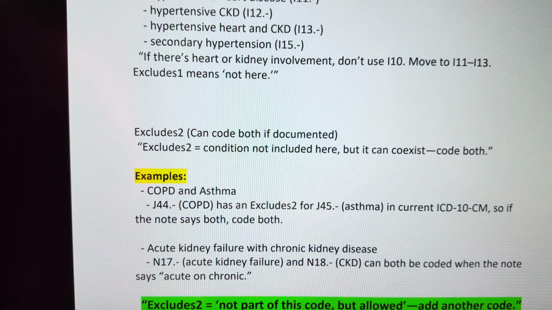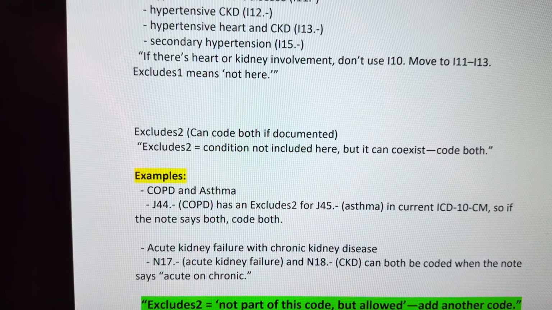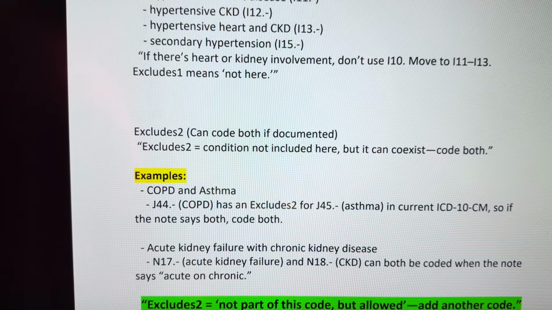So let me just break this down. You've coded your chart and you have correctly coded hypertension to I10. And then coding pneumonia and GERD and diabetes mellitus, you also have a code to represent hypertensive chronic kidney disease. So you see a code on your sheet for I12.